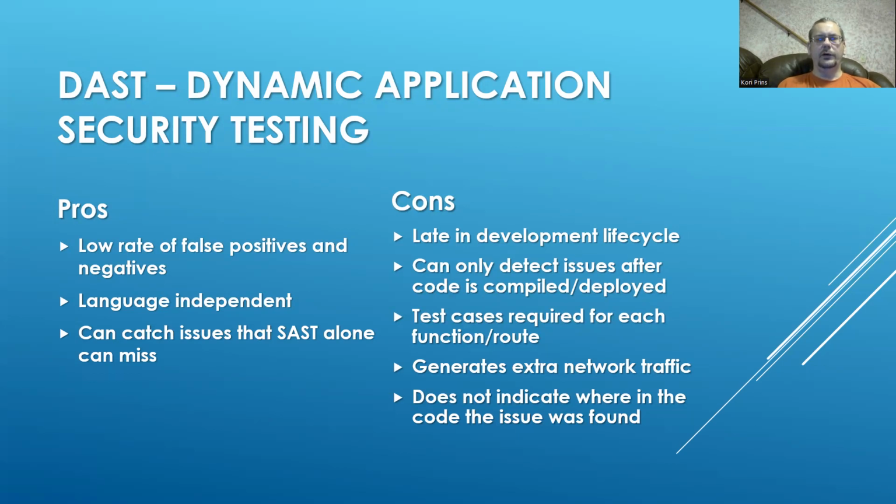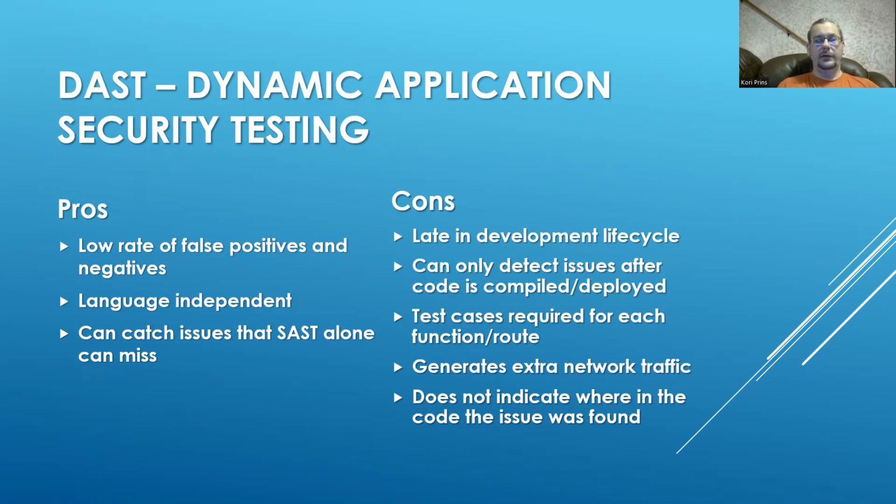As mentioned before, some of the cons are that the DAST solution has to happen later in the development life cycle, because it requires a functional, running application in order to properly run its tests against. And again, it can only detect issues after the code has been compiled and deployed.